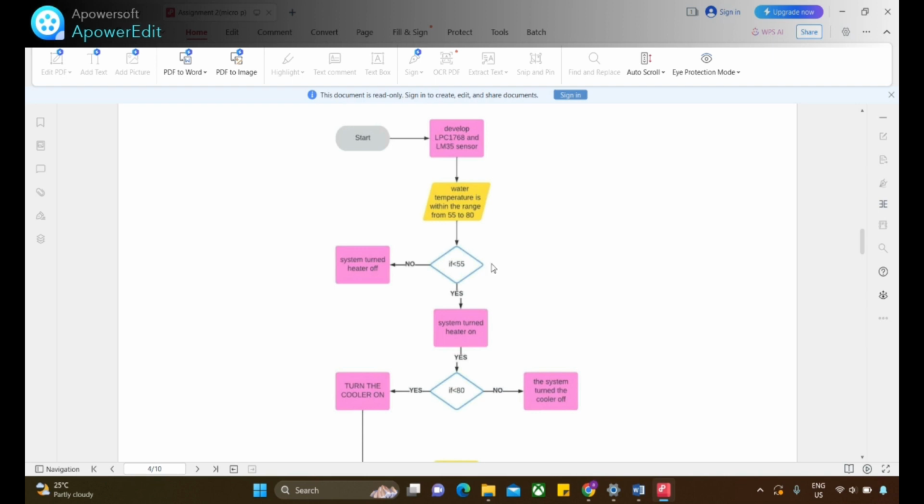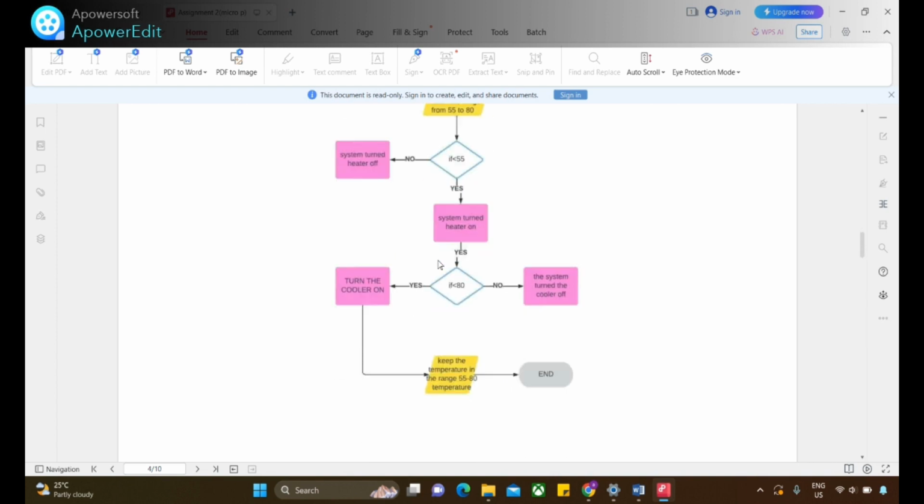When the temperature was below 55, the system will turn the heater on. If the value is above 55, the heater will be off.